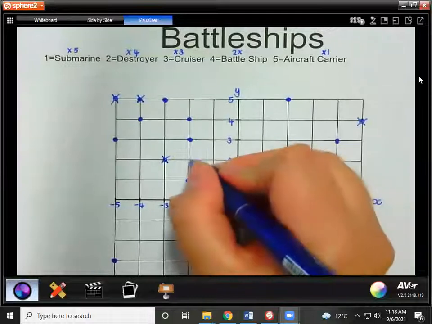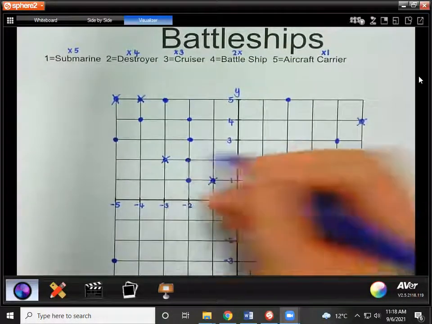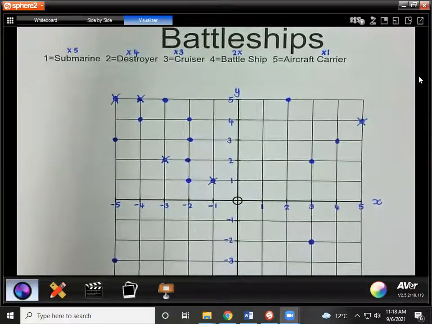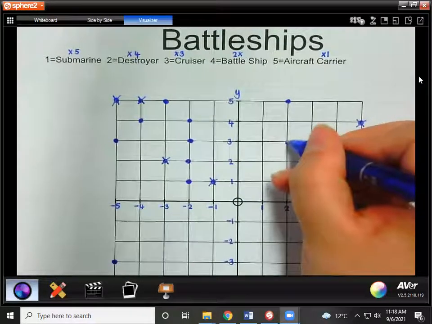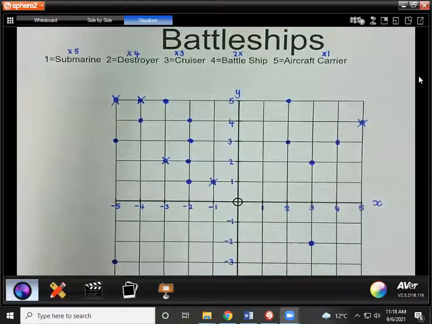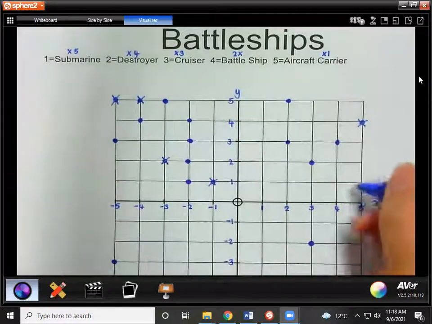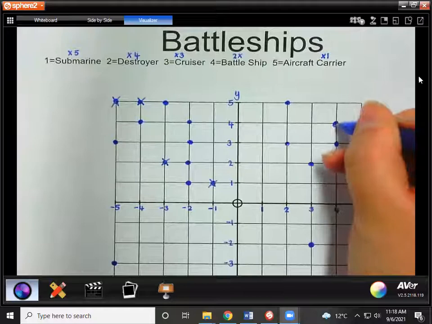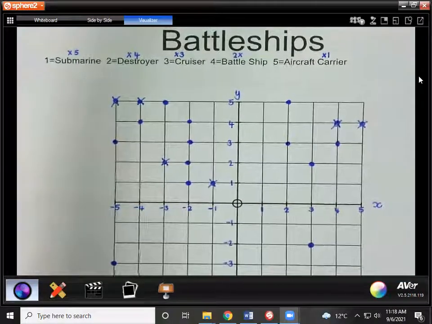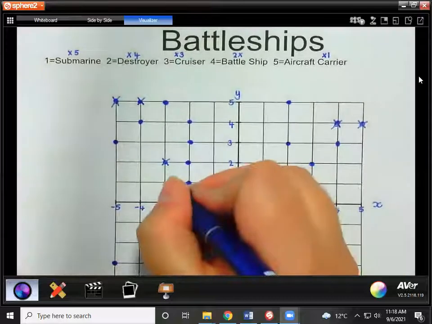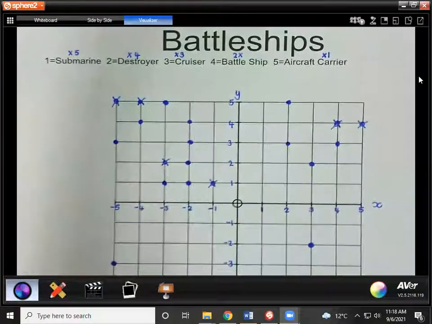Negative 2, 2 is a miss. 2, 3 is a miss. 4, 4 is a hit. Aircraft carrier. Negative 3, 1 is a miss.